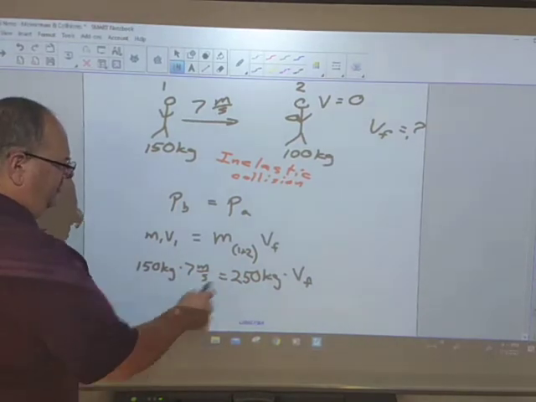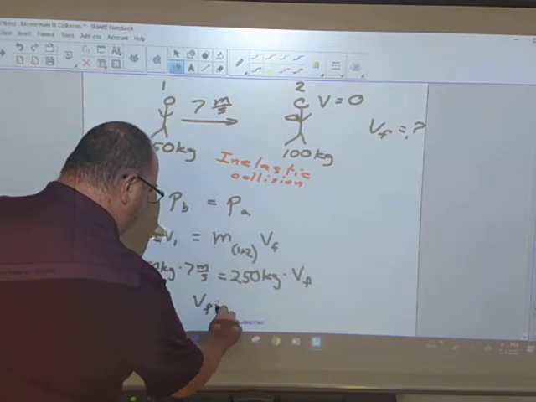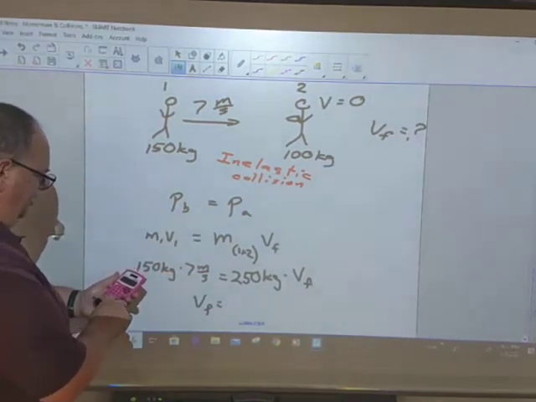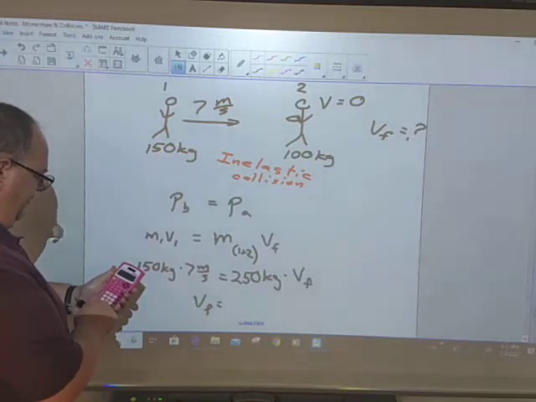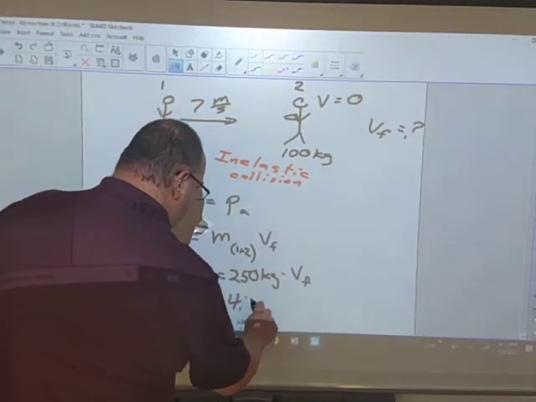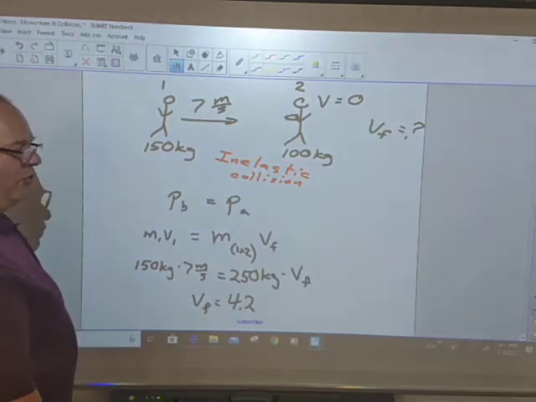Well, I just multiply those and divide by 250, and I get VF. Kilograms are going to cross off. So 150 times 7 divided by 250 equals 4.2. Yes, I know, it should be, according to what was written, only 4 meters per second.